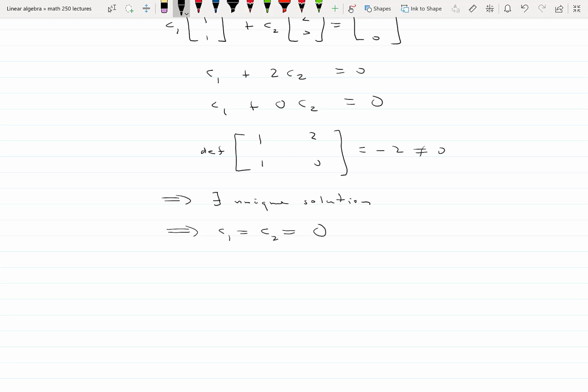Therefore, that one solution that's guaranteed must be the only solution. And that solution is the trivial solution. C1 and C2 are 0. That implies linear independence. That implies that the vectors 1, 1 and 2, 0 are linearly independent.